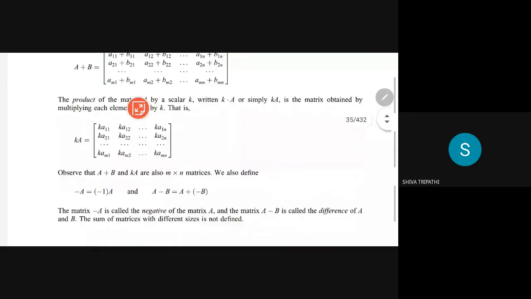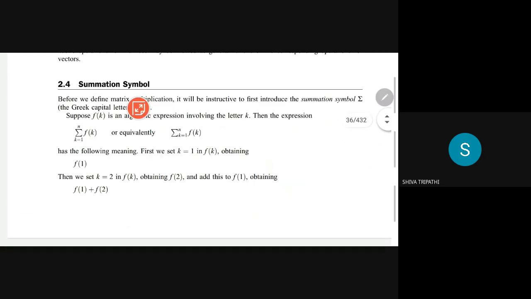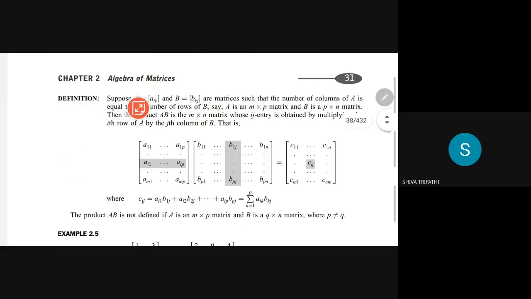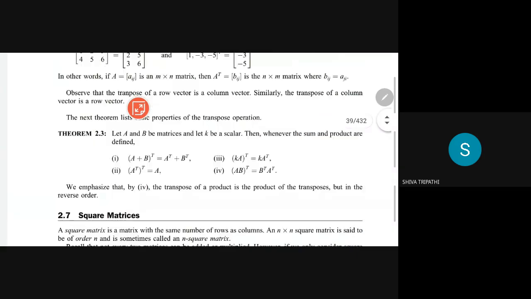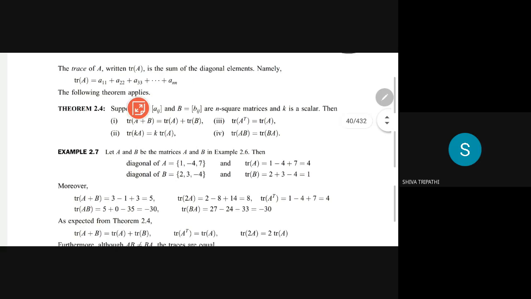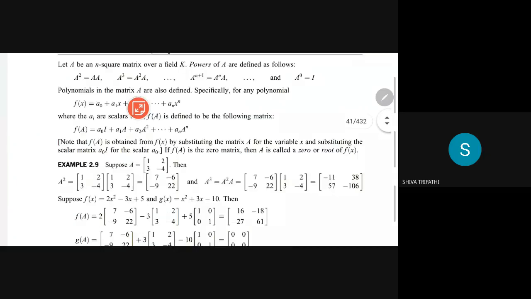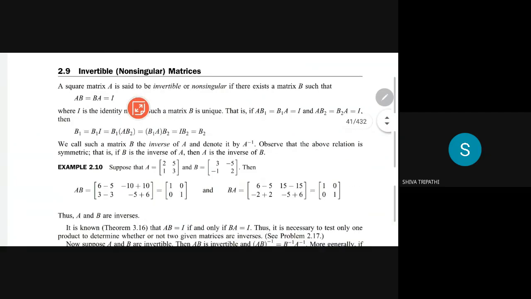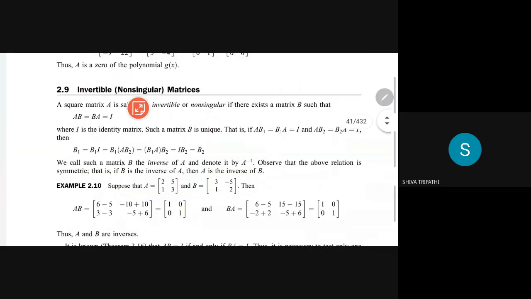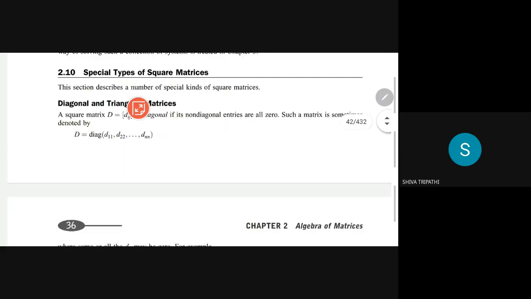Yes, this is my favorite one. Matrix multiplication. Square matrices. Powers of matrices. See, many of the headings in the PPT are from this one only. Special types of matrices.